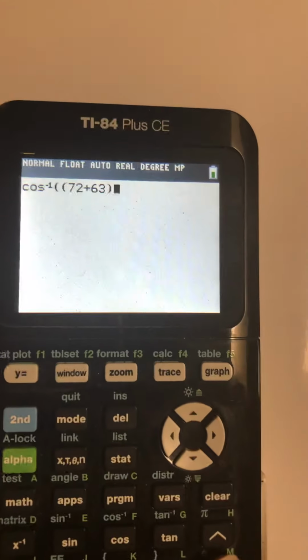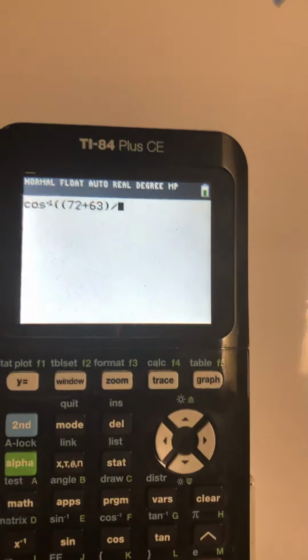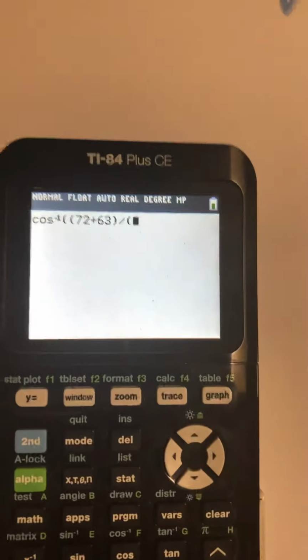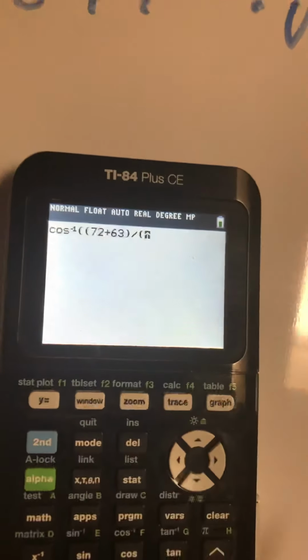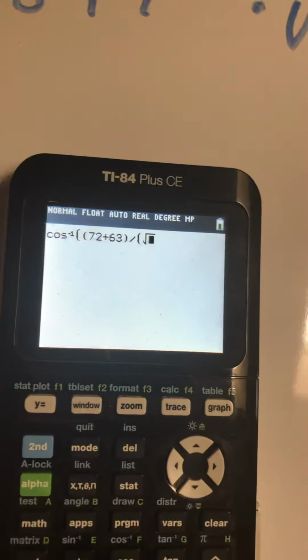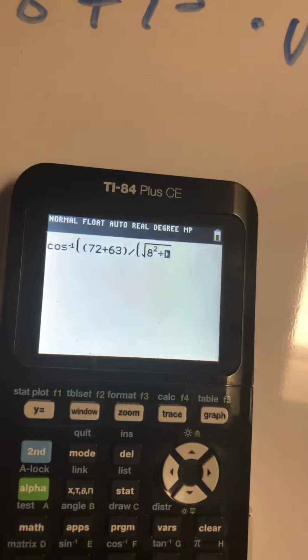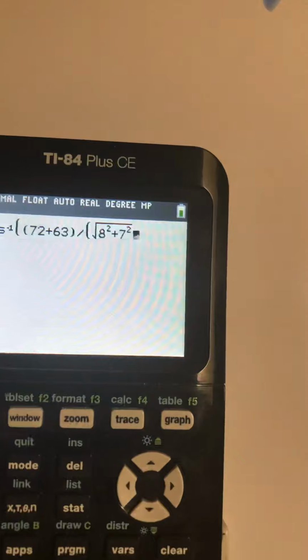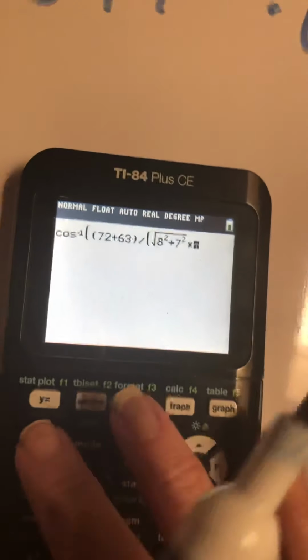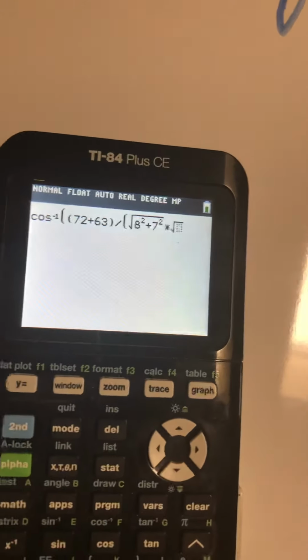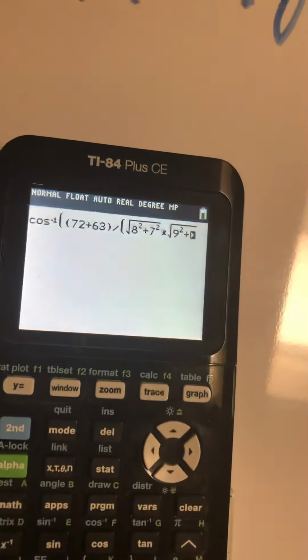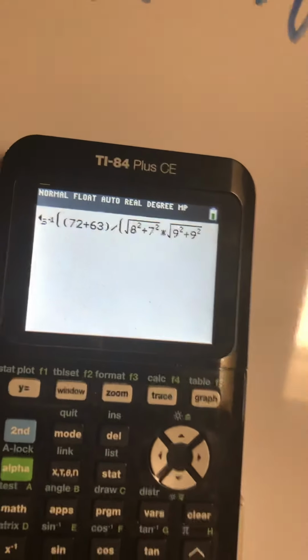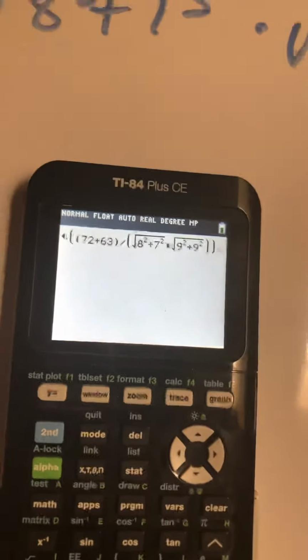Close that parentheses because that's your numerator. Then in the denominator, open parentheses, put in square root, 8 squared plus 7 squared, get out from underneath that radical, times square root 9 squared plus 9 squared, get out from underneath that radical, close parentheses twice.